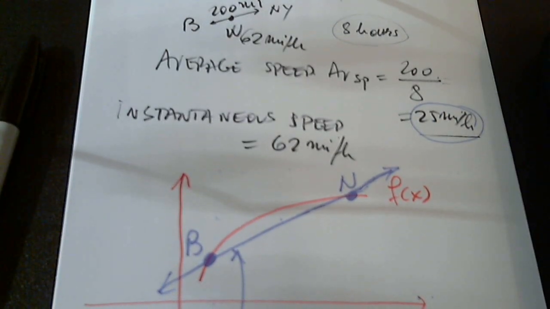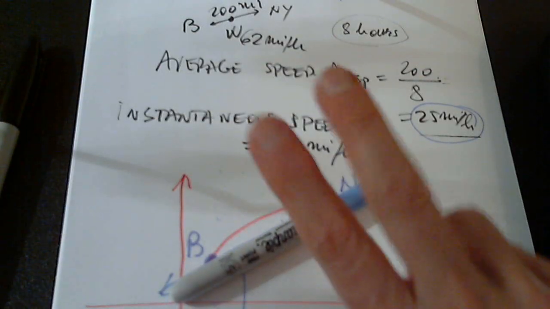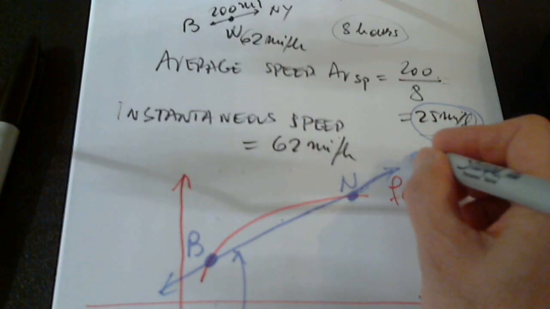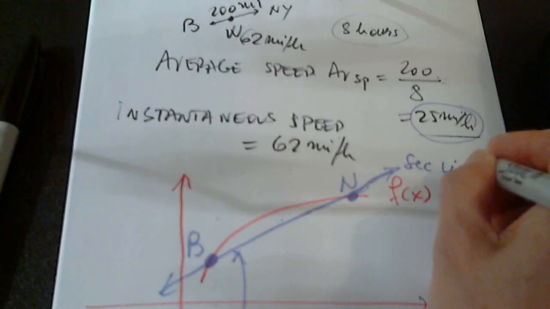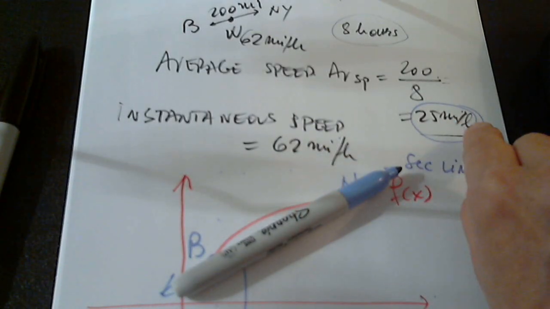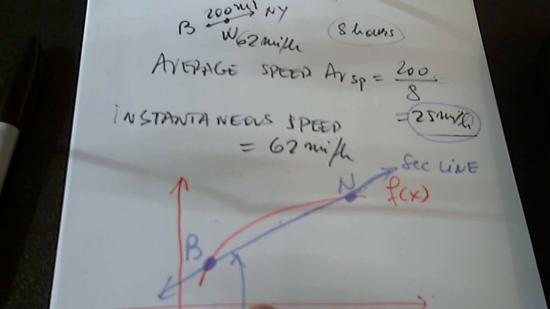So the slope of bn is 25 miles an hour. That's the slope. The slope of this secant line has nothing to do with trigonometry. It's the line that crosses the graph in 2 points or more, but 2 points in this case. Secant line. Okay? The slope of this line is 25 miles an hour. That's the average speed.